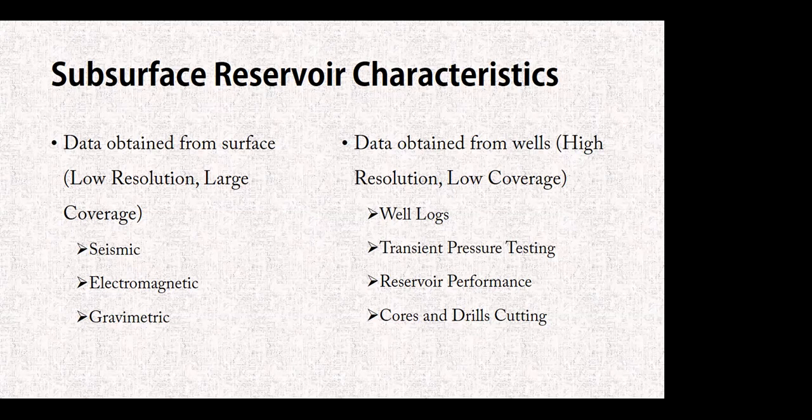From the surface, we can collect seismic, electromagnetic, and gravimetric data. From wells, we can collect well logs data, transient pressure testing data, reservoir performance data, and core and drill cuttings. But in this research, we focus on well logs data.